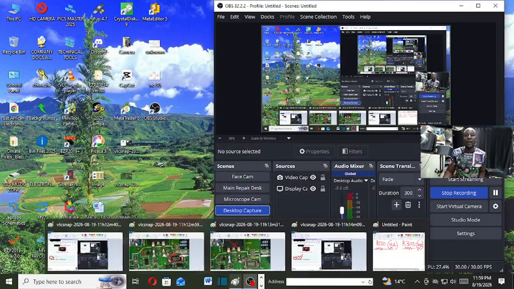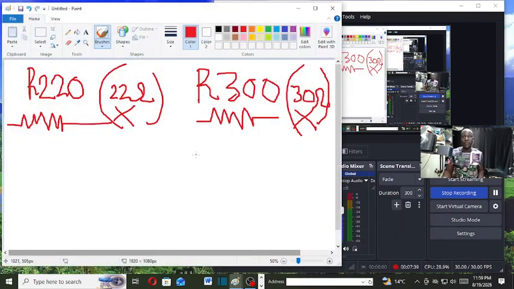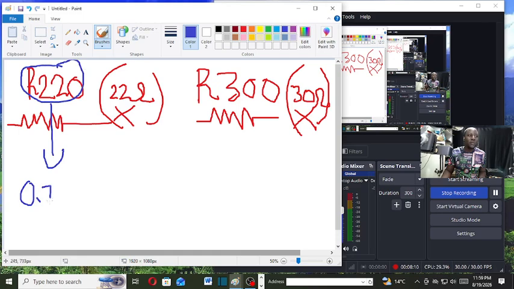So I made a mistake, and luckily they are so beautiful people. One of my subscribers noticed the mistake and he rectified that mistake. But for the sake of those who did not see that I made a mistake when I was calculating the resistor value, this R220 is supposed to give us 0.22 ohms.